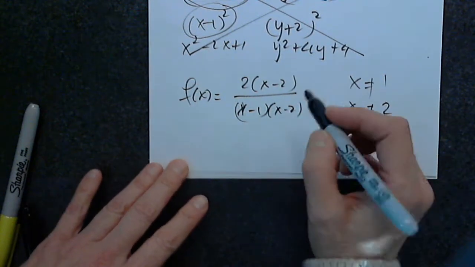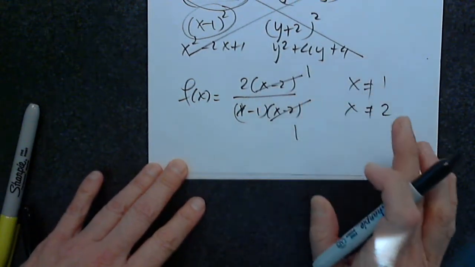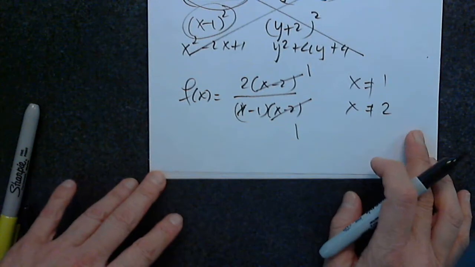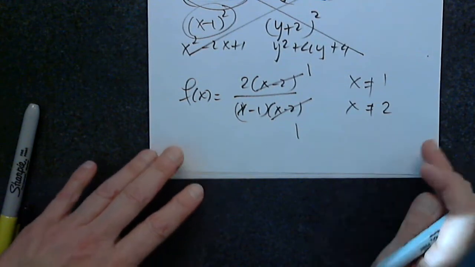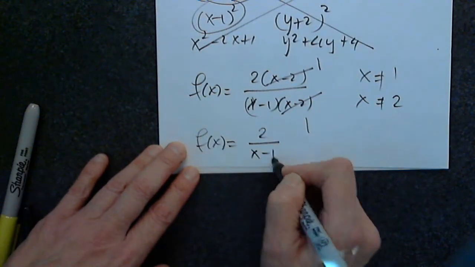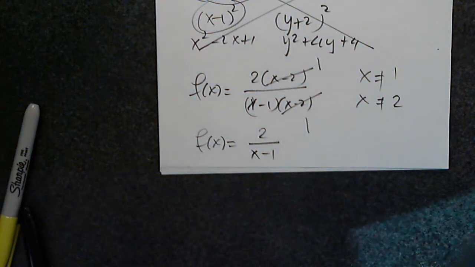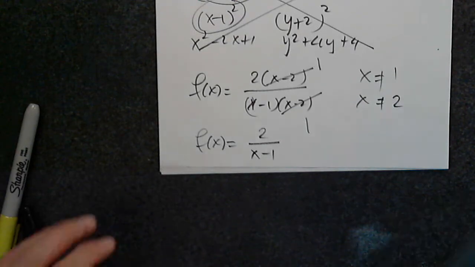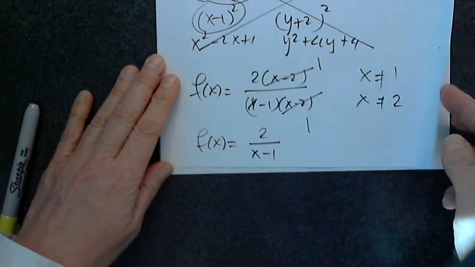Good. Now I can simplify this, but I cannot simplify it before I state a domain. This is extremely important. The simplified form of this function is 2 divided by x minus 1. Still, the original function is undefined at 1 and 2.